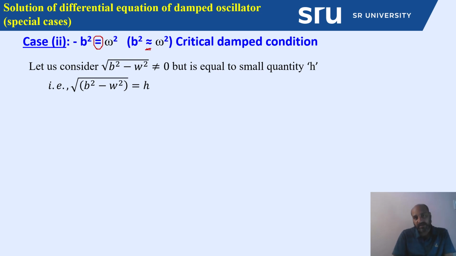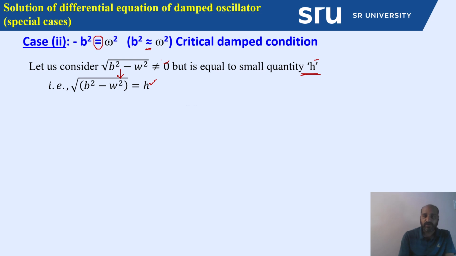So if they are nearby, then under root b square minus omega square will definitely not be equal to 0, but it will have a very small value. The difference is very small because b square and omega square are very near. So let under root b square minus omega square be a small value h.